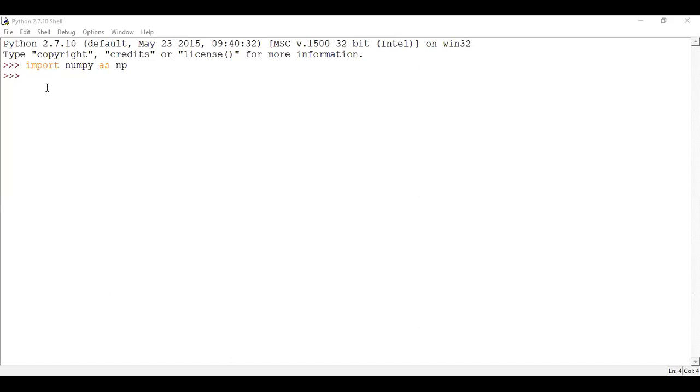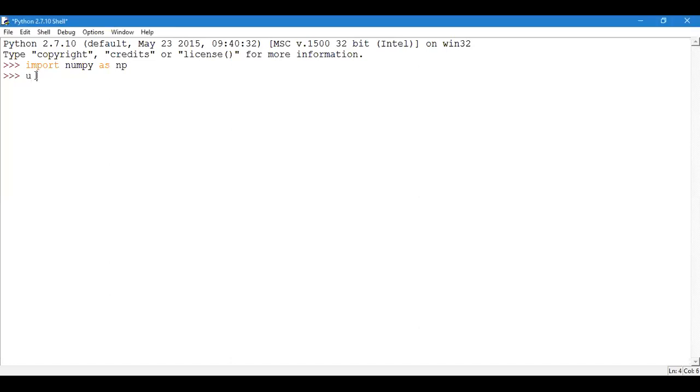Consider two vectors. Let me take two vectors. Let u be a vector, np.array, a simple vector. Take another vector, np.array, -1, 0, 1.